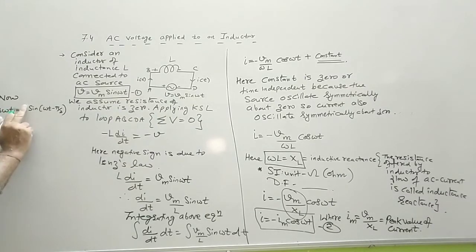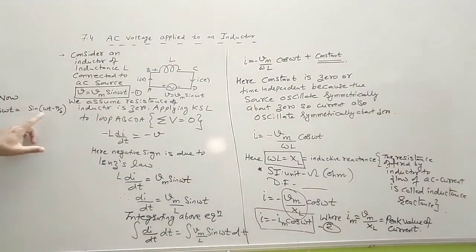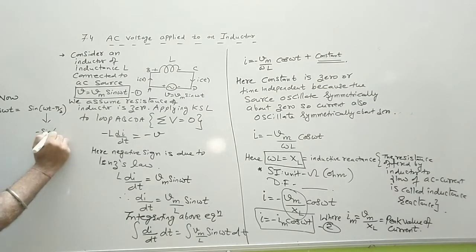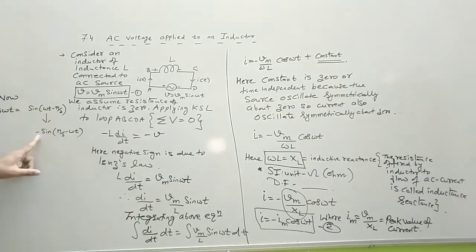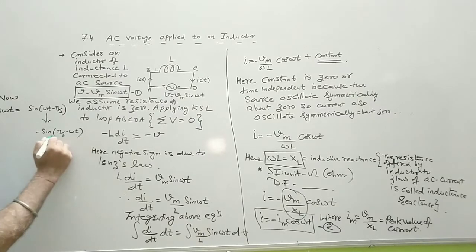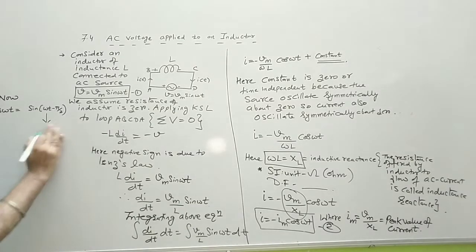So if you evaluate this portion, minus is taken common, sine of 90 minus something, you are in the first quadrant, due to 90 the function changes and the sign is positive, so it becomes minus cos of omega t, that is the LHS. So minus cos of omega t can be written like this also mathematically.